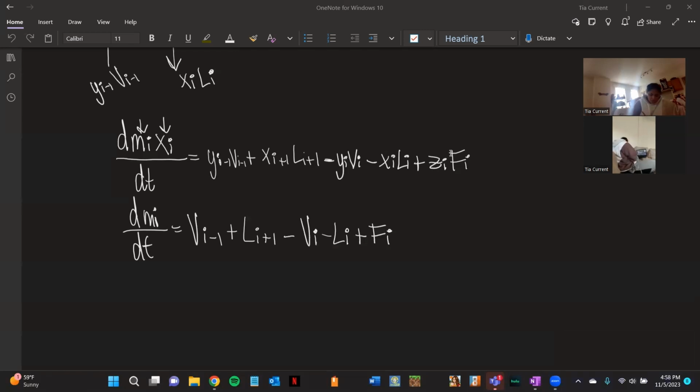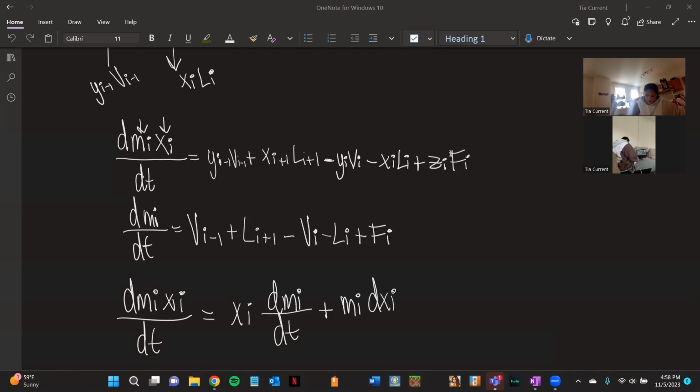Okay, so then we're going to write this in a different form. d mi xi over dt is actually equal to xi dmi over dt plus mi dxi over dt. That should be like multiplying, right?